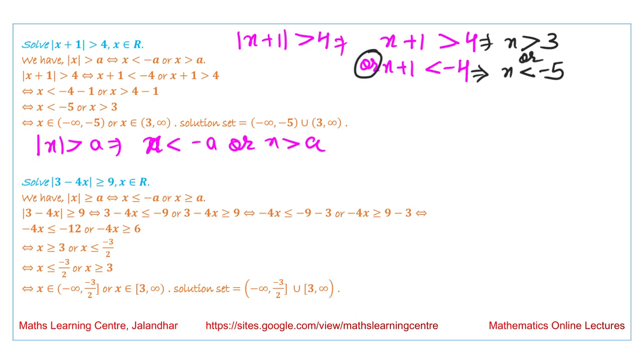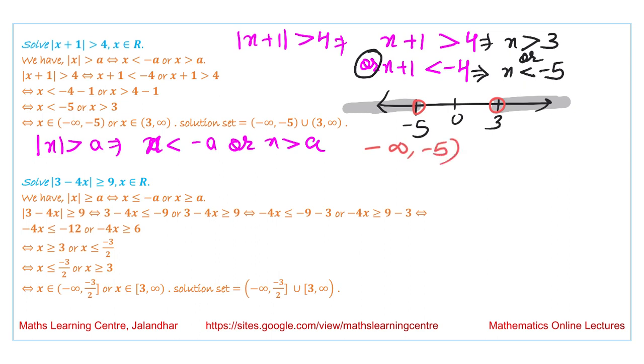When we are saying it is or in between these two, we are talking about the union of both these. So if we try to represent them on the number line, this is 3 over here, this is minus 5 over here. We are saying x is greater than 3, x is less than minus 5 and both these points are not included. So the answer we obtain is minus infinity to minus 5 union 3 comma infinity. So this is the solution set in this case.